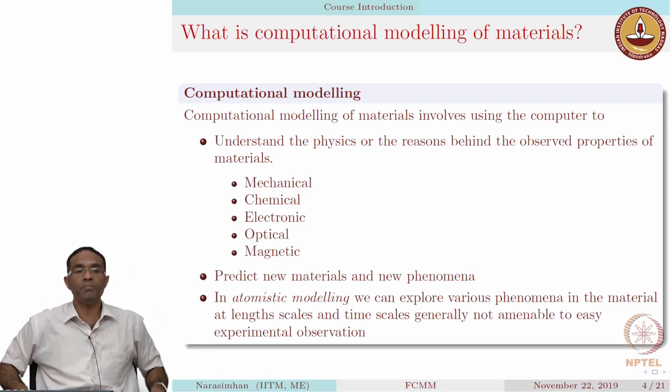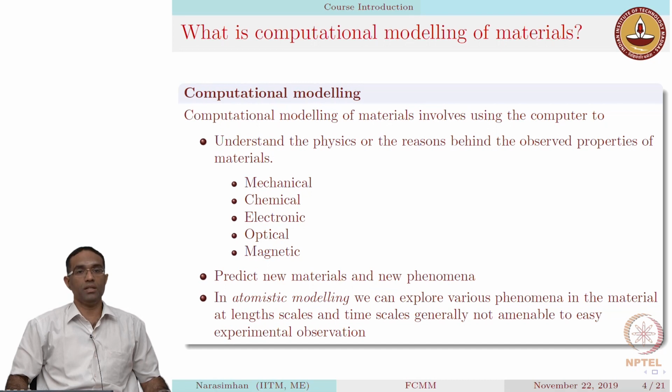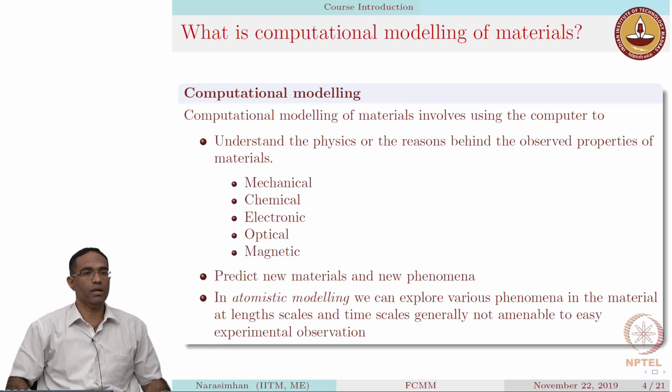In atomistic modeling of materials, it's also possible for us to explore phenomena at various length and time scales, especially those that are not easily amenable to experimental observation. By that I mean that if you want to look at how dislocations are moving in a material, or at the kind of point defects that are generated when a material is being bombarded by ions or neutrons, such things become hard to observe experimentally.